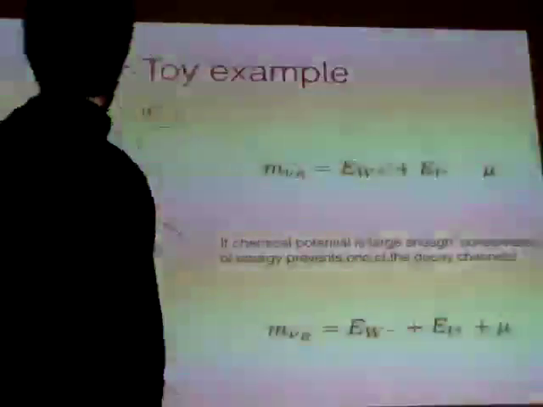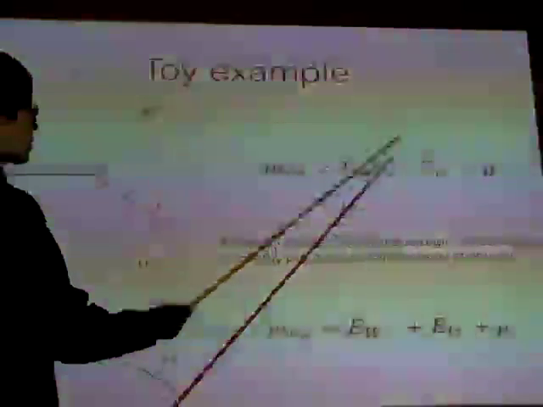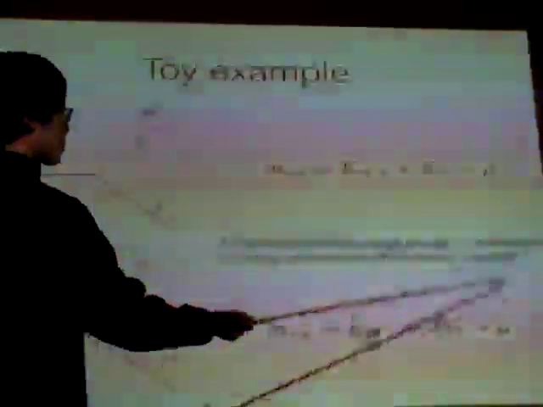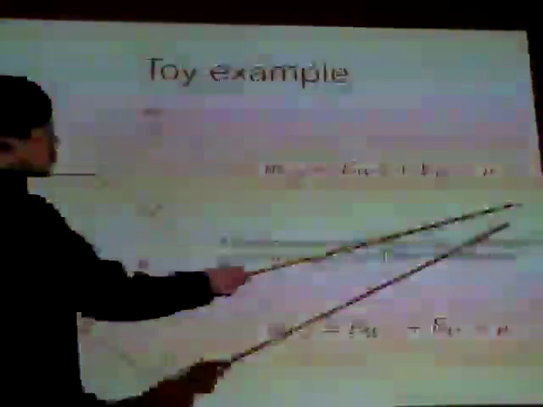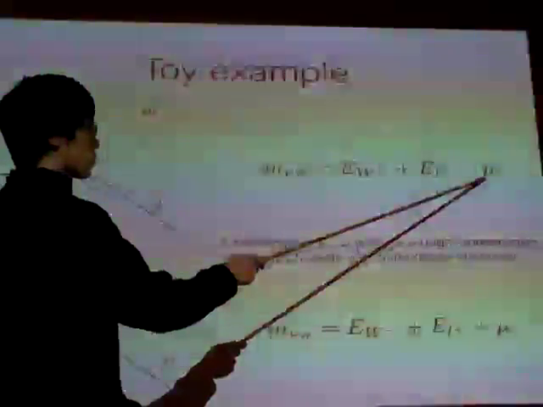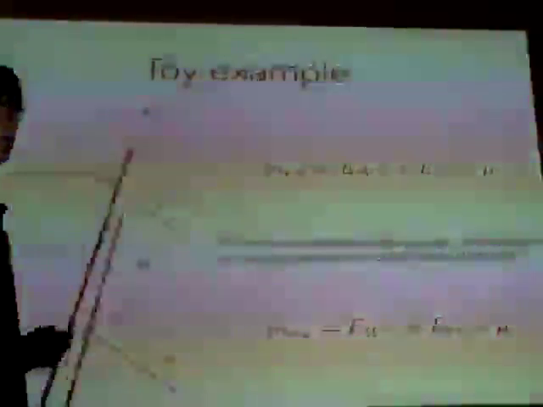So now let's look at conservation of energy for these two. The standard conservation of energy is that the mass of the right-handed neutrino equals the energy of the W boson plus the lepton, and then plus or minus mu, depending on whether the final state has plus lepton number or minus lepton number. And notice, since mu is a free parameter, let's dial it larger than the mass of the right-handed neutrino.